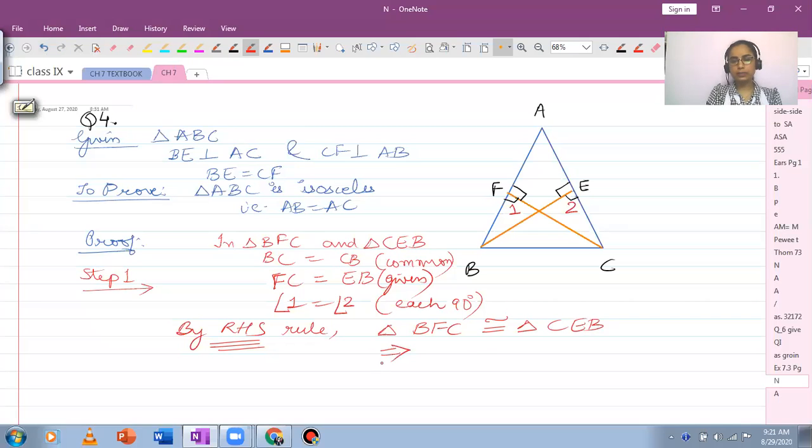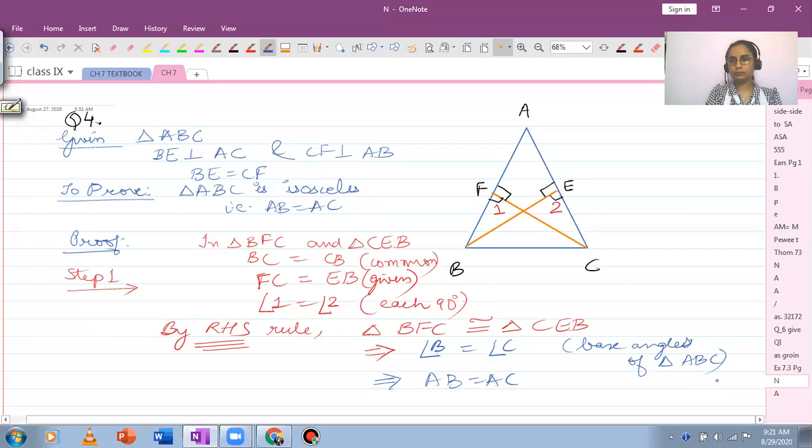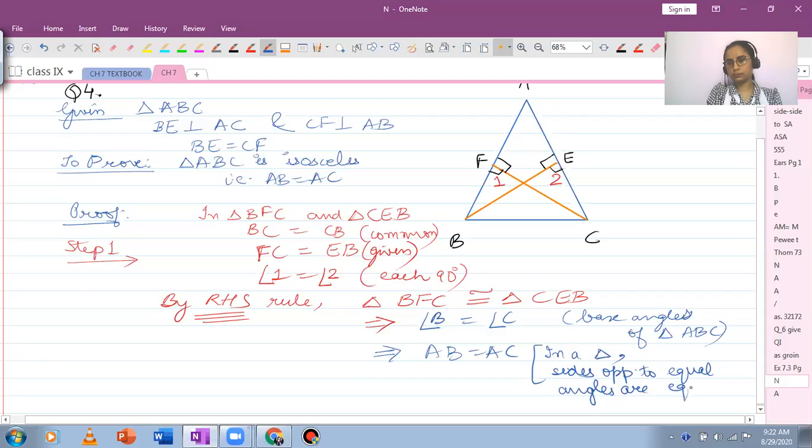And this implies that the base angles are equal, so angle B will be equal to angle C. And this is step 2.